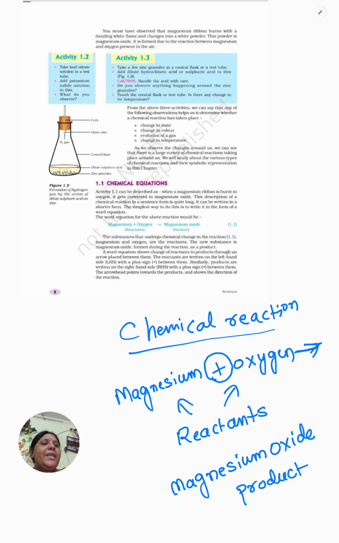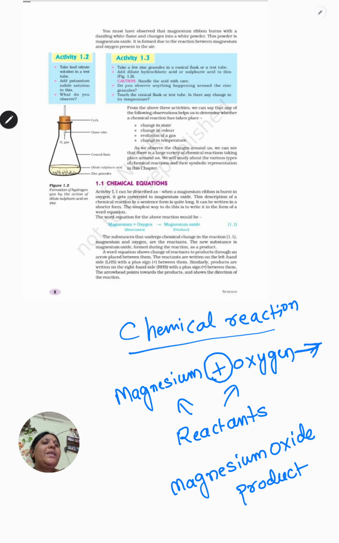And the direction arrow mark shows what is going to happen after the reaction. So here it is clearly written: the word equation shows the change of reactants to products through an arrow placed between them. The reactants are written on the LHS, left hand side, with a plus sign between them.